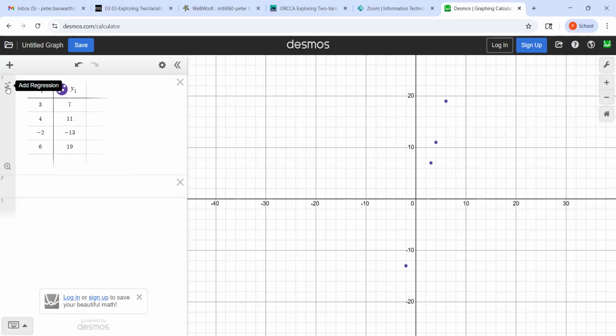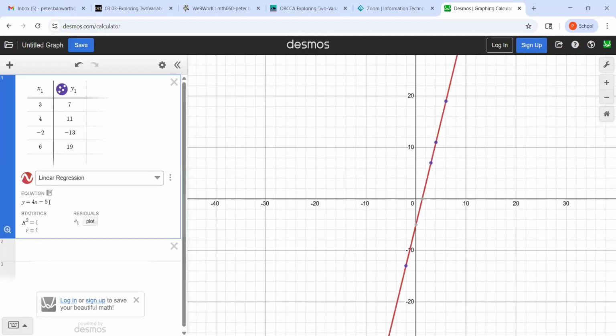And you'll know that it's a good line if your formula is these nice big round numbers like 4x minus 5, and if all your points are lying right there on the line. If that's true, then you can be very confident that you have a linear set of data. This is the symbolic formula that produces these points.